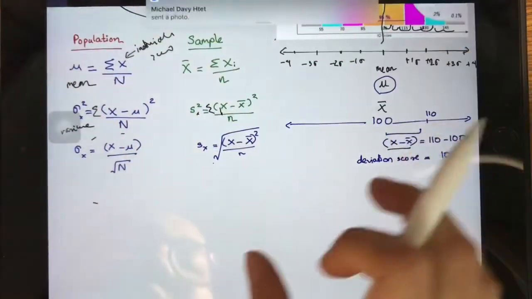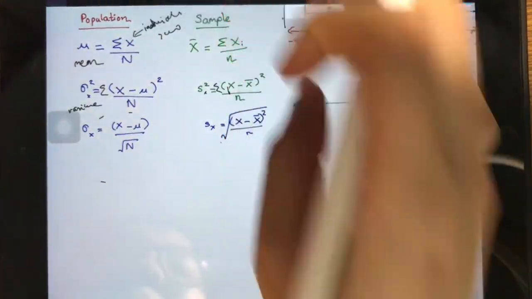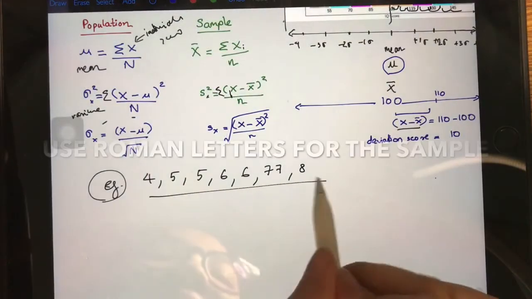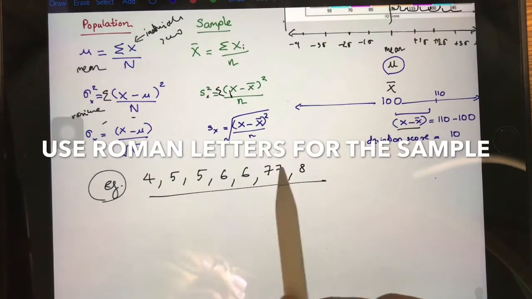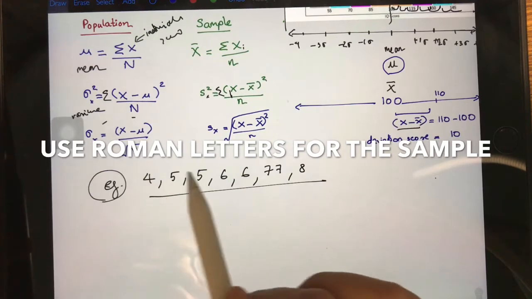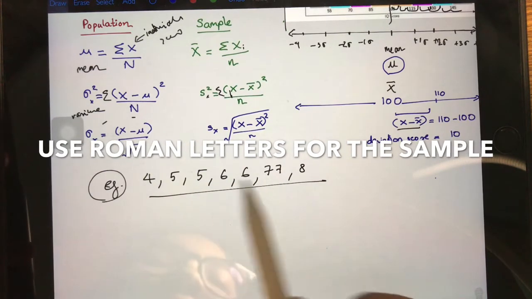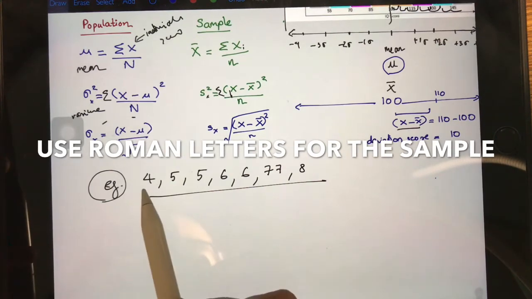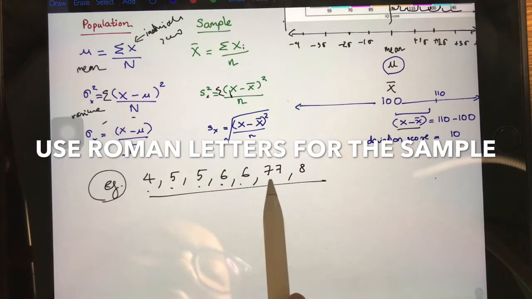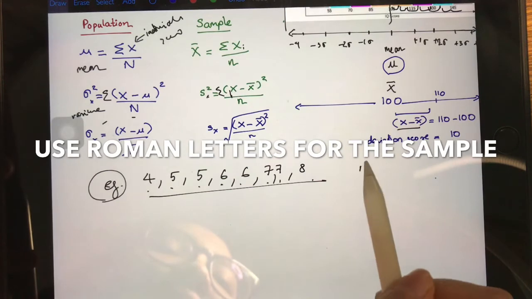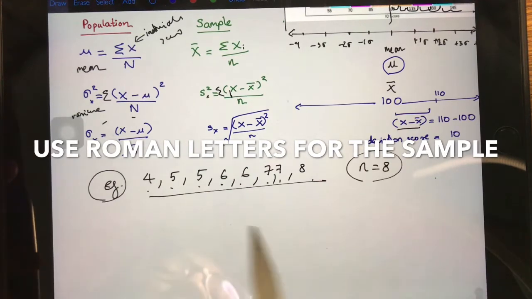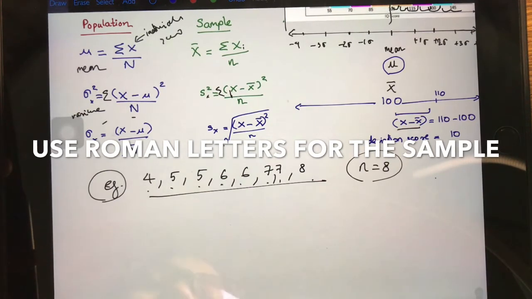If that is confusing for you, let's try calculating using this example. These are the hours of sleep per night. Some people sleep 4 hours, some people sleep 5 hours, and so on until 8 hours. So we have 1, 2, 3, 4, 5, 6, 7, 8. So n is equal to 8: 8 people and their sleeping hours at night.